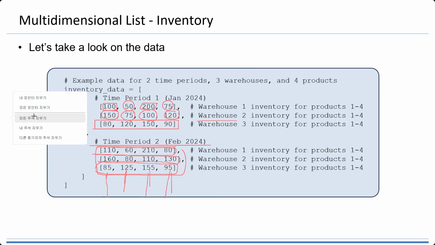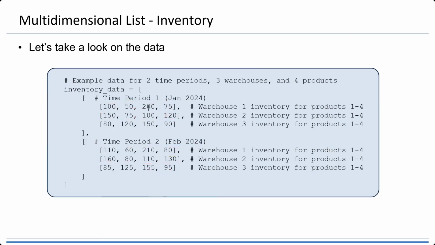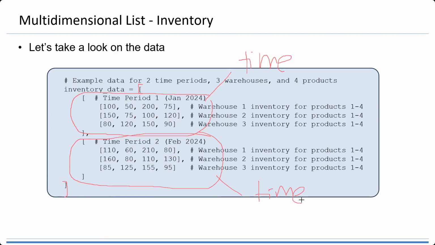If you look at this structure, you have a list, and in this list, we have 2 lists. These 2 lists indicate the time. And then for each time period, we have the warehouse.